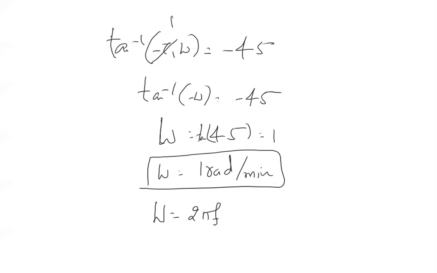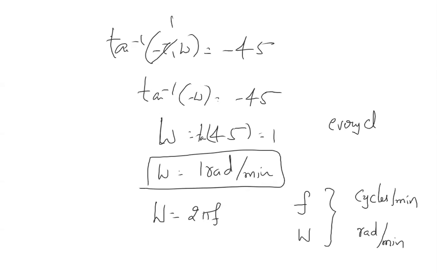This is the difference between f and omega: both are frequencies. f talks about cycles per minute, omega talks about radians per minute, because every cycle makes 2 pi radians.